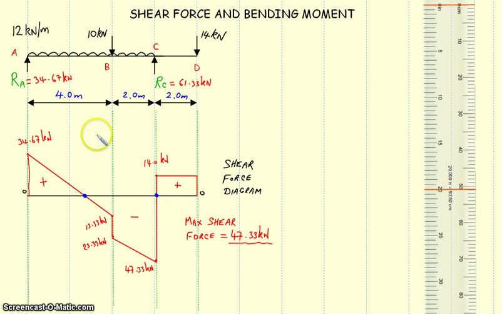And the scenario with those two is that points of zero shear may indicate points of maximum bending.